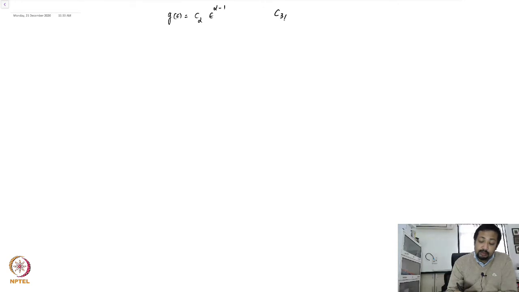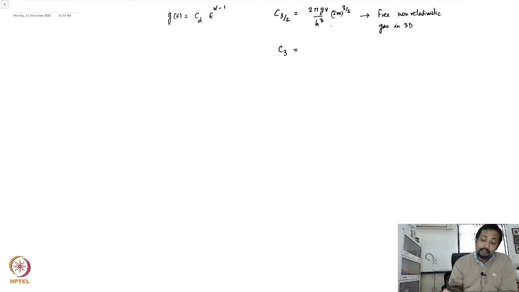C_{3/2} is going to be 2πgV over h cubed times (2m)^(3/2), and this is the case for a free non-relativistic gas in 3 dimensions.